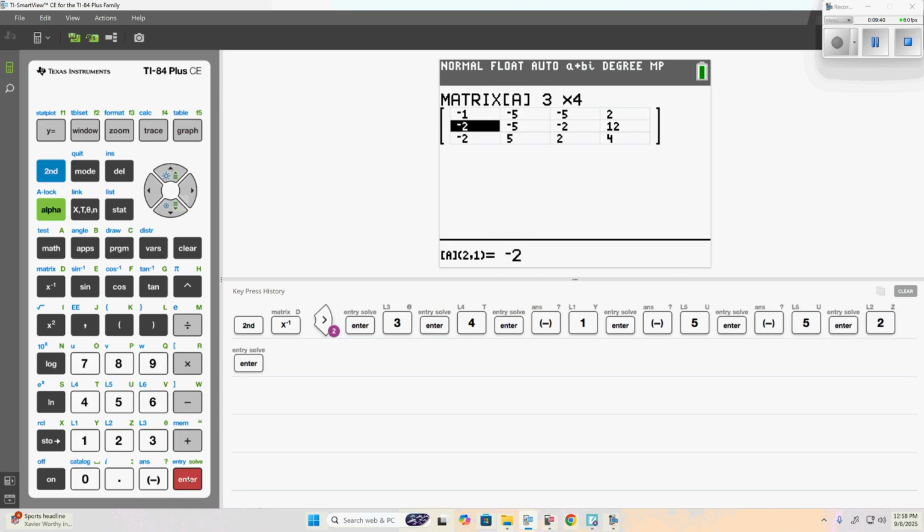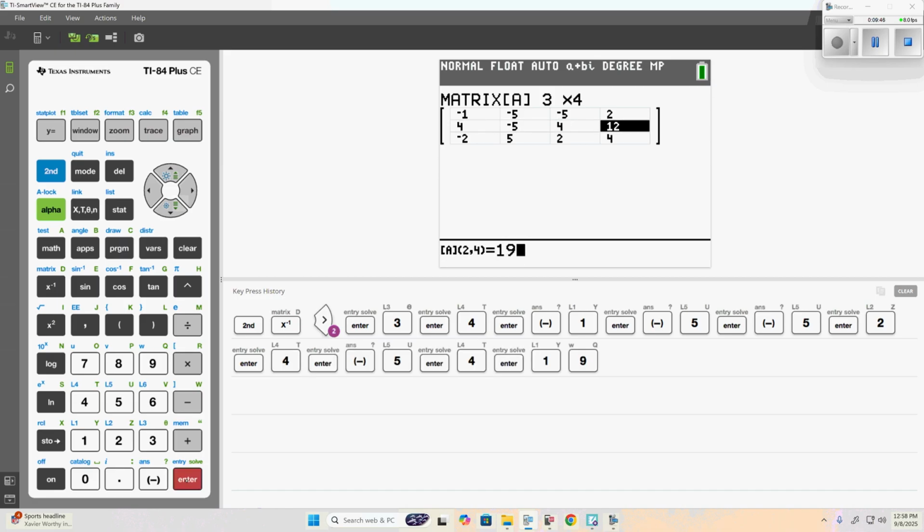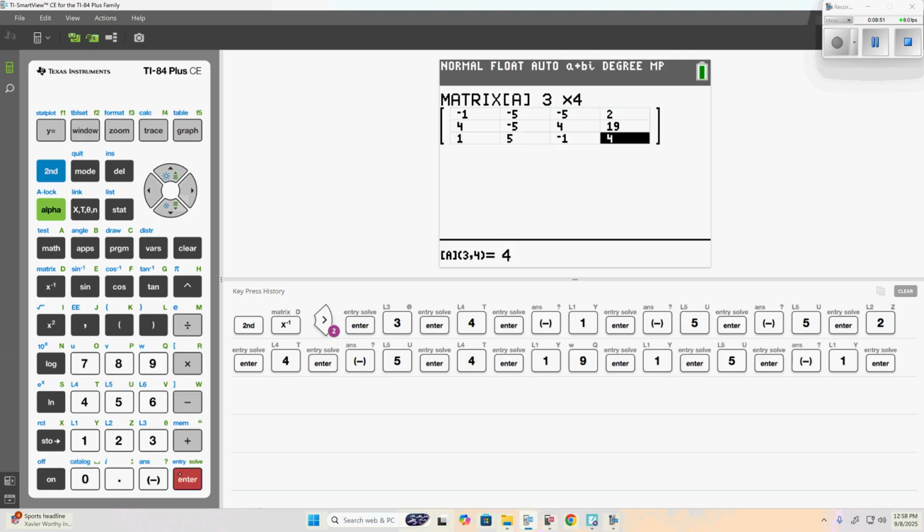So -1, -5, -5, 2, 4, -5, 4, 19, 1, 5, -1, -20. We good on how we got that typed in? Yes? Now, if you want to do it by hand, you can do it by hand. There's nothing wrong with that.